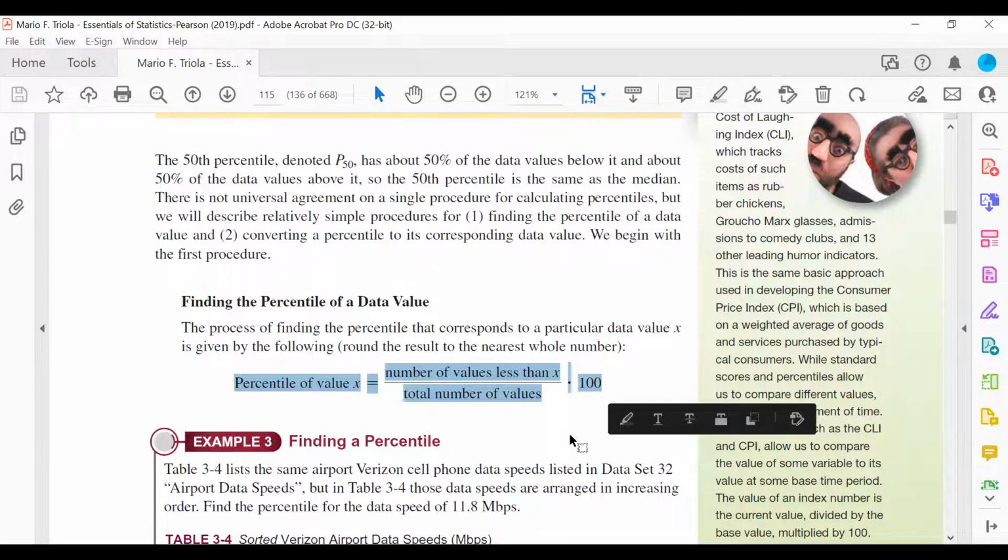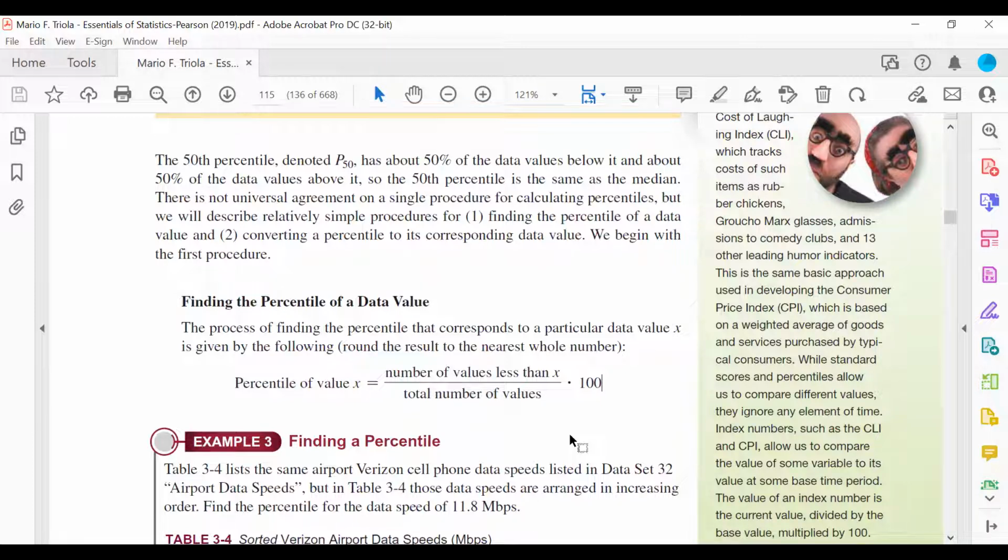I'm going to write it down. The percentile of value X is equal to, on the top, the number of values less than X, divided by the total number of values, and the whole thing is multiplied by 100.